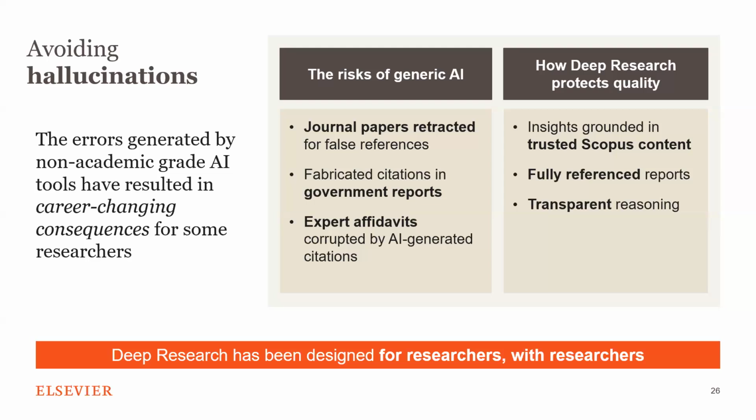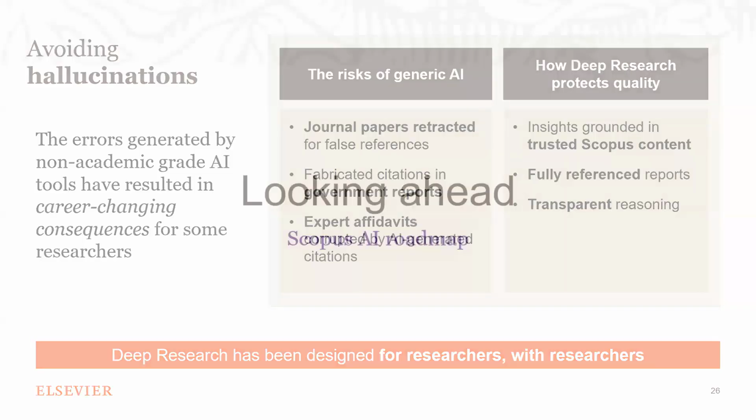If it goes beyond Scopus literature, there's a clear indication of the step, and this is only in the conversational follow-up where this could be activated. Other than that, there's strict prompt engineering to make sure that it only answers from literature, and it also has a reflection layer indicating the extent to which the AI trusts it, or how much literature there is to support a hypothesis, for example. So this is avoiding hallucinations, very important.